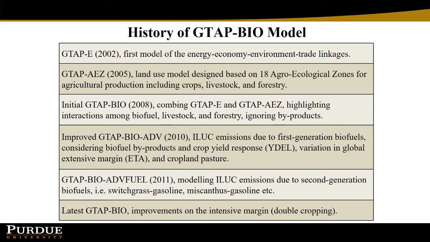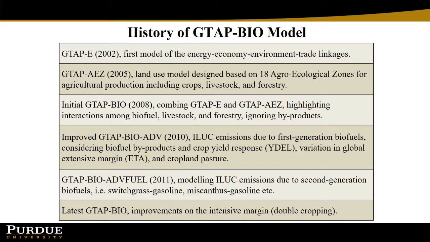The first version of the GTAP-BIO model was generated in 2008 with a combination of the first two. After that, we started improving the model. For example, we introduced responses of farmers to higher prices. We introduced the difference between productivity of new land versus productivity of existing land, and all of those kinds of changes.